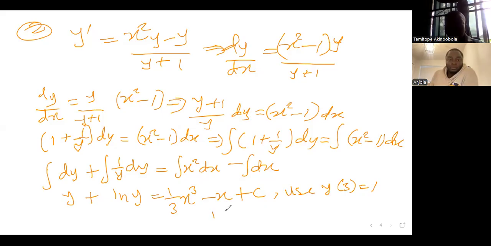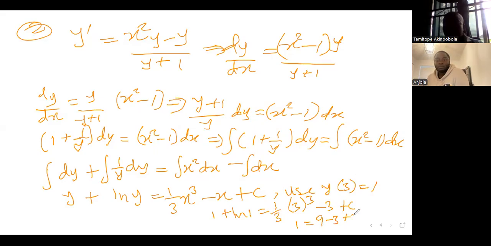So 1 plus ln 1 equals 1 over 3 into 3 raised to power 3 minus 3 plus c. Then ln 1 is 0. So you have 1 equals 3 raised to power 3 is 27, divided by 3, 9, minus 3 plus c. 9 minus 3 is 6. 1 minus 6 is minus 5. So c equals minus 5.